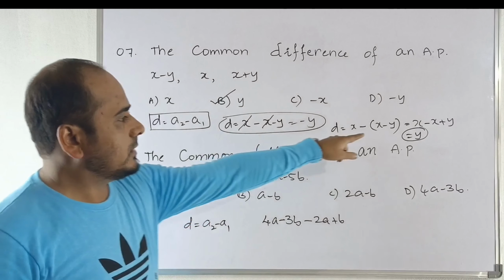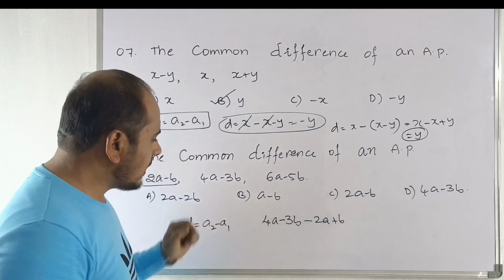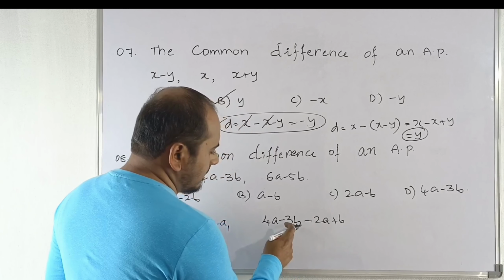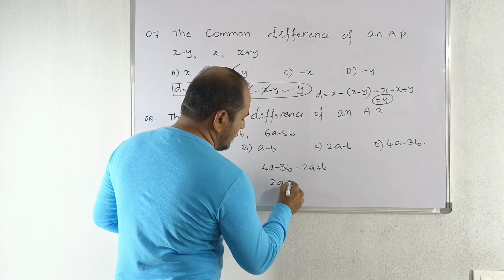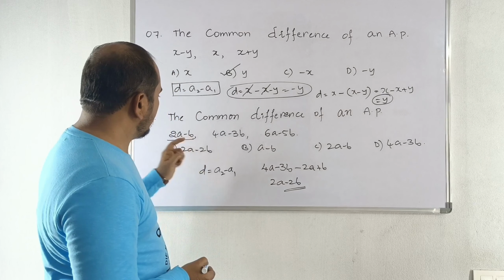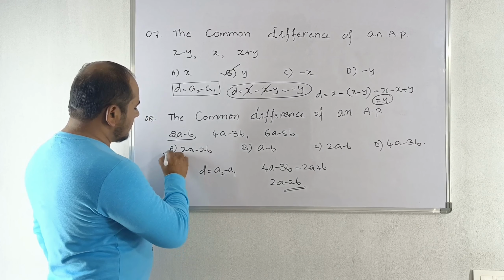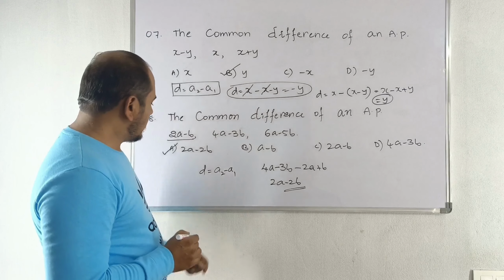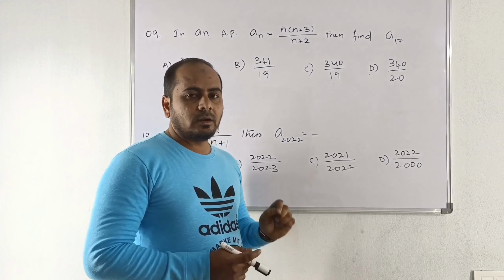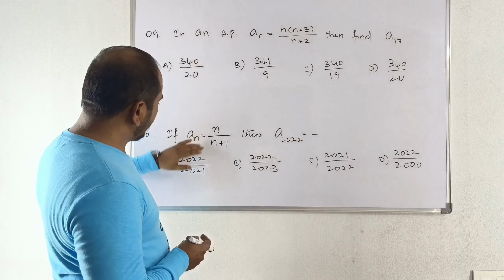Hope you understand this method. Now 4a minus 2a is 2a, minus 3b plus b is minus 2b. So 2a minus 2b. Where do we have the option? Yeah, the first one only is the right answer, 2a minus 2b. Dear children, now we shall discuss the 9th and 10th questions.